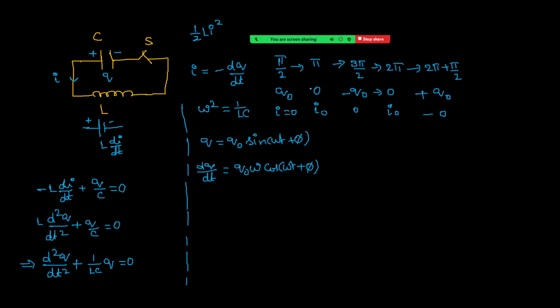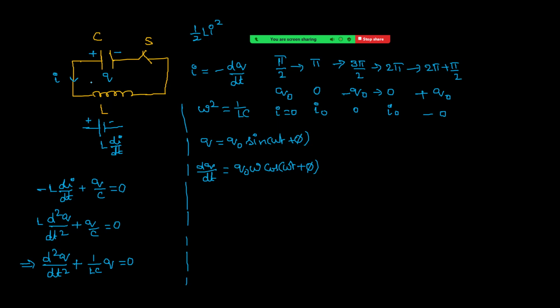So in this cycle, what is happening is energy is transferred from capacitor to inductor. Next from inductor to capacitor. Next capacitor to inductor. Like this, energy oscillates between these two. That's why the name is LC oscillations.